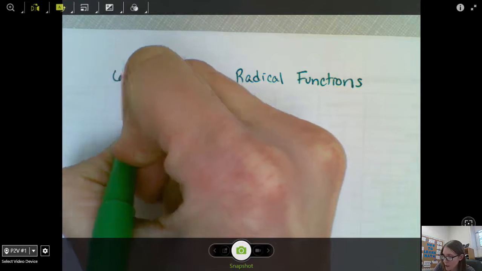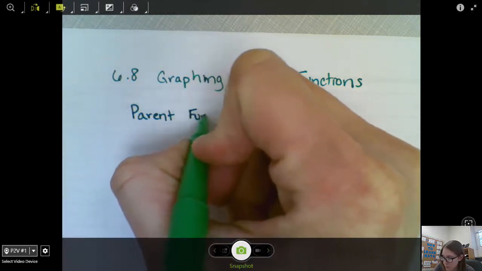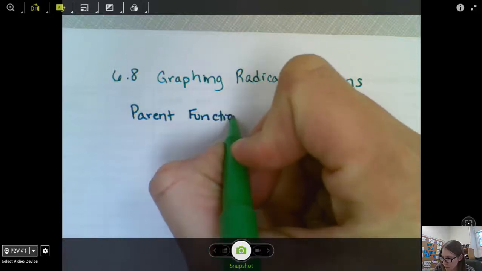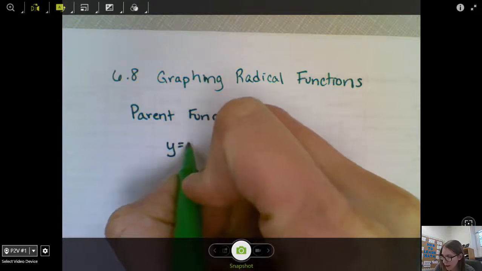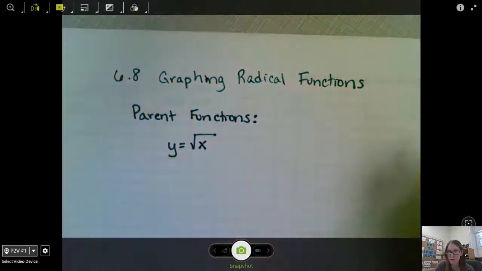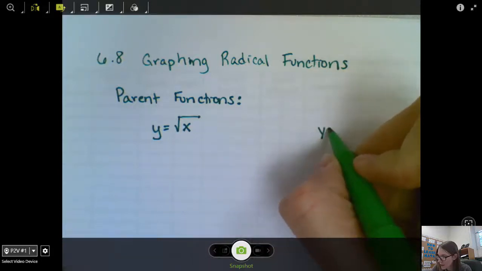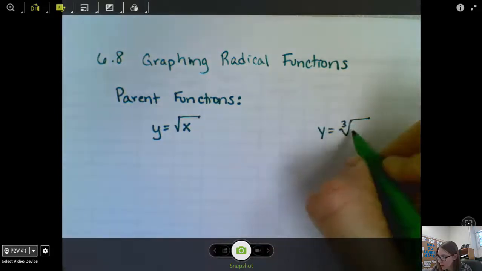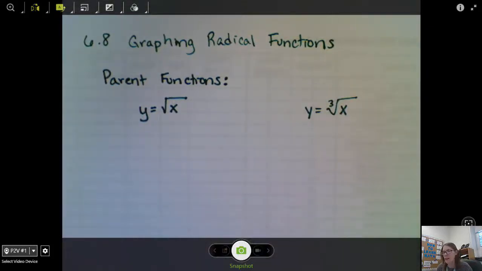So our parent functions are y equals the square root of x, and also y equals the cube root of x. These are the two parent functions that we're going to be working with, and all of our transformations are based off of those two functions.